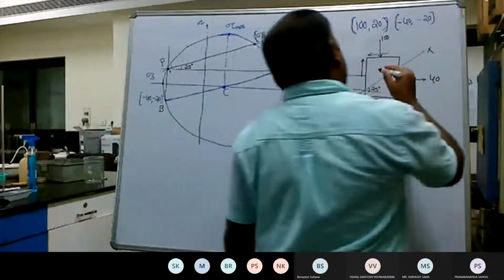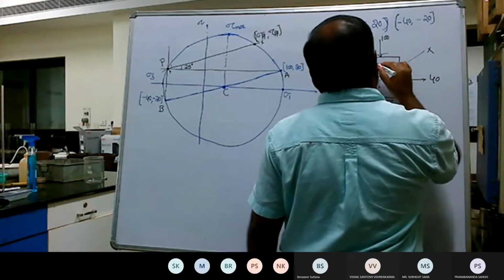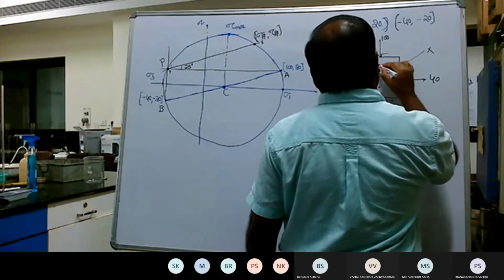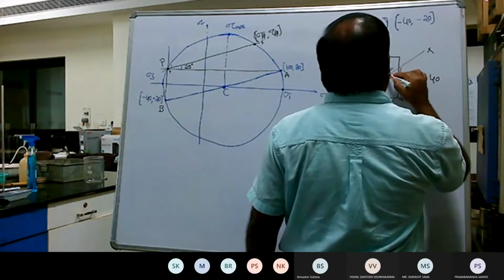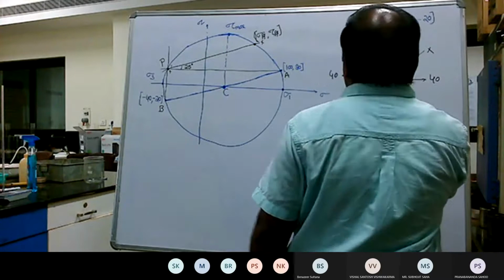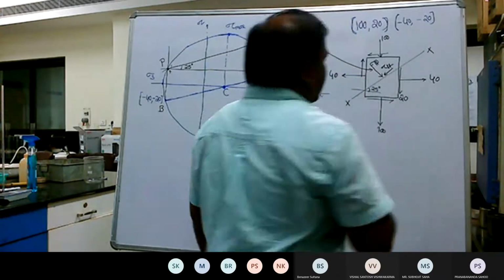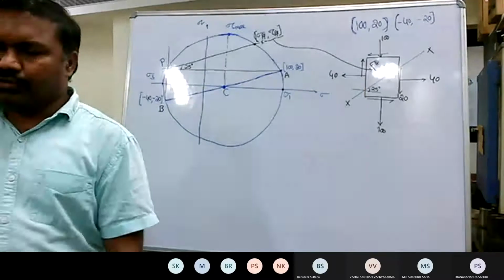You are asked to determine, because of this combination of loads, what are the sigma f and what are the tau f. These are the stresses that you need to determine graphically.